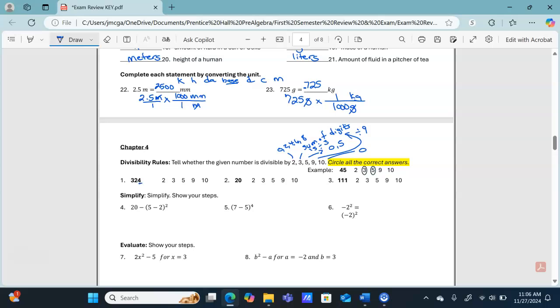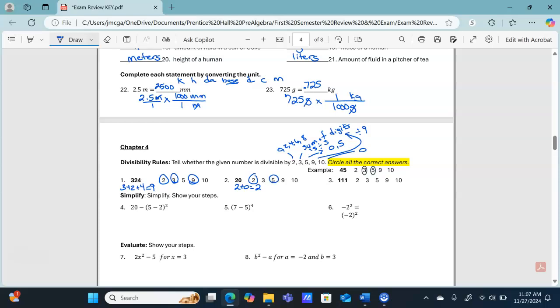So it ends in a 4, so it is divisible by 2. 3 plus 2 is 5 plus 4 is 9, which is divisible by 3 and 9. It is not divisible by 5 or 10. 20 is divisible by 2 because it ends in 0. 2 plus 0 is 2, so that's not divisible by 3 or 9.